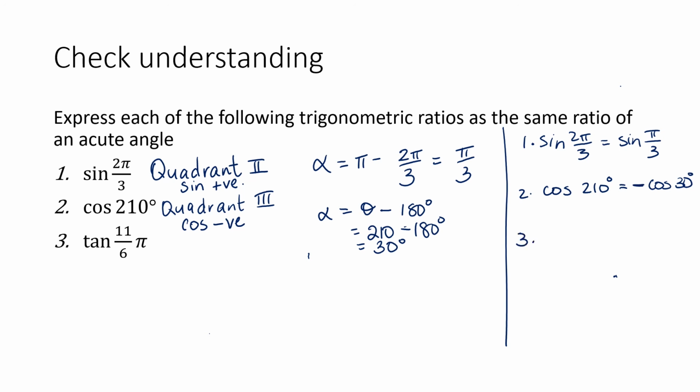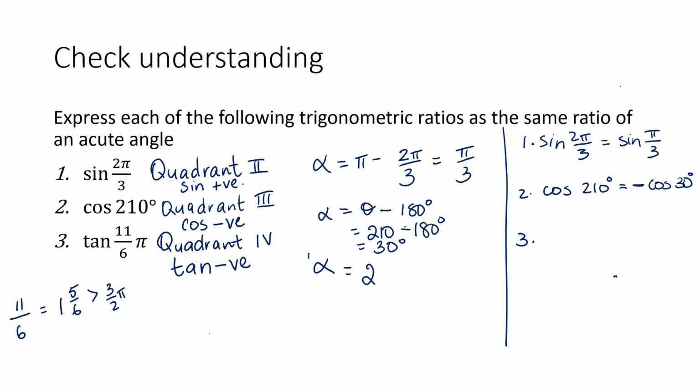And the last one, we have tan of 11 on 6 pi. Now, on the side here, 11 on 6 is the same as 1 whole and 5/6. So this would be greater than 1.5 pi. So therefore this is in the fourth quadrant. In the fourth quadrant, the only positive is cosine, so tangent is negative. So how do we find our reference angle?